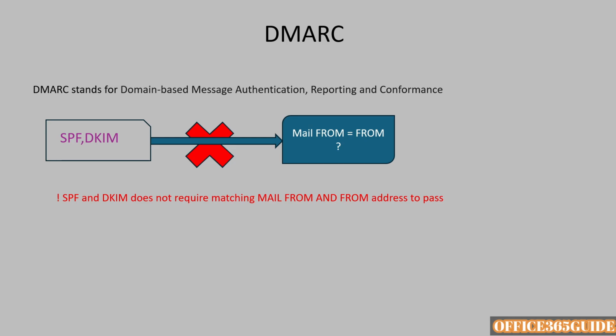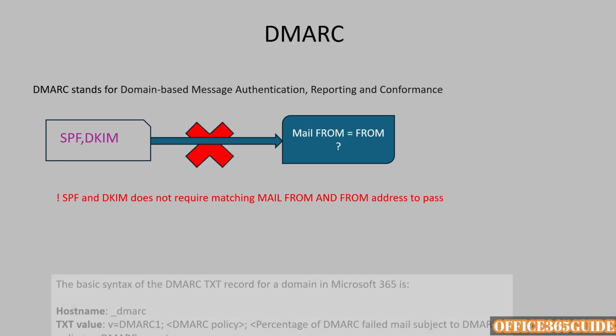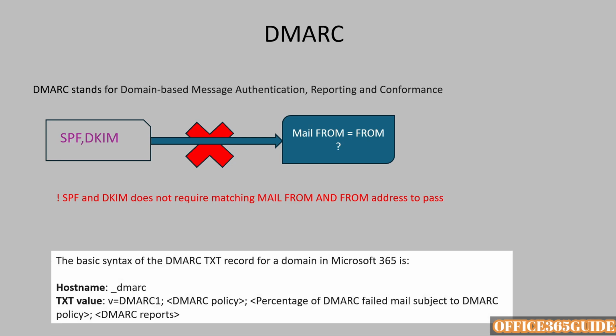All these things, SPF, DMARC and DKIM, we will see how they actually work in an actual example. First, let's understand the DMARC TXT record, how it looks. So this is the basic syntax.